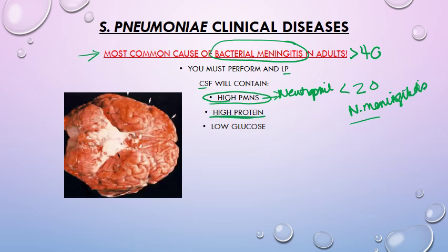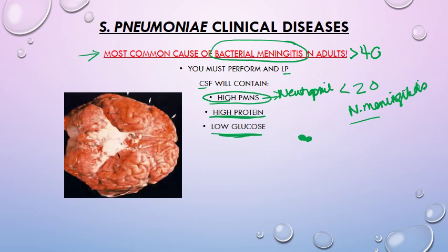It's going to have a high protein concentration and a low glucose concentration. This is key for diagnosing bacterial meningitis because there are some bacterial organisms that cause meningitis where you might not see the organism on the CSF. With strep pneumo, you are likely to see the gram-positive lancet-shaped diplococci on the CSF, but you can't always rely on that.